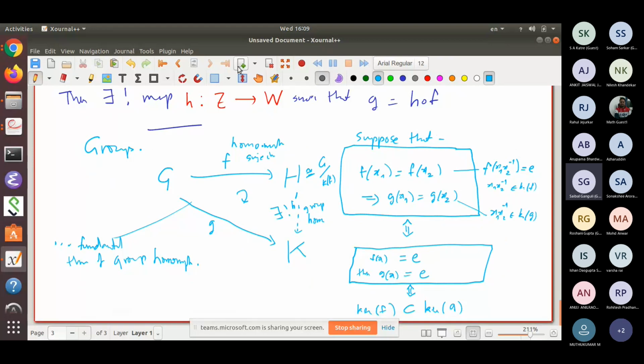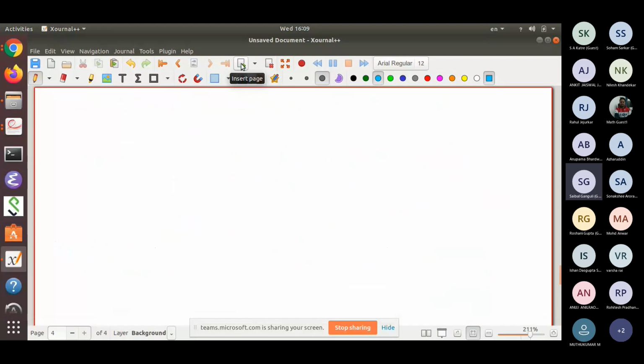Now let us go to topological spaces. Now my question. So first I'll ask what is the universal property of quotient in topological spaces?